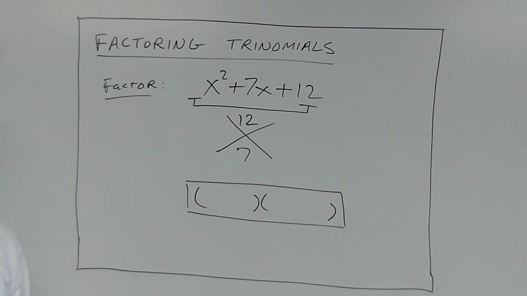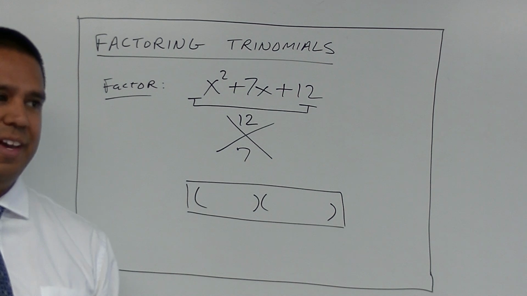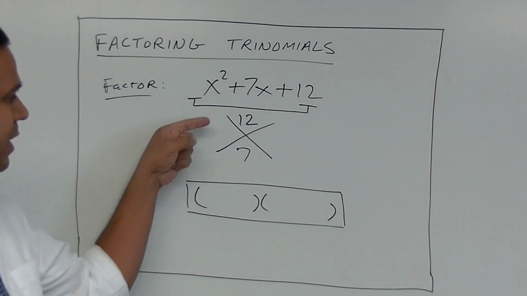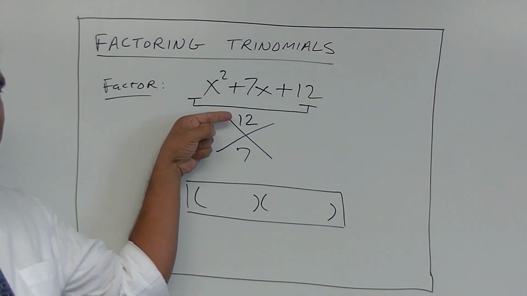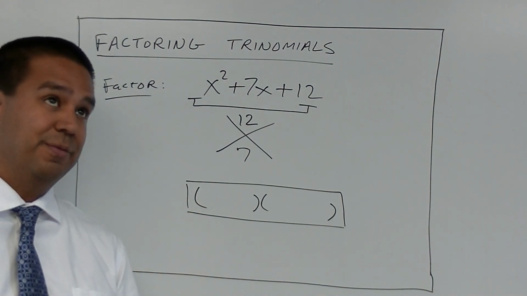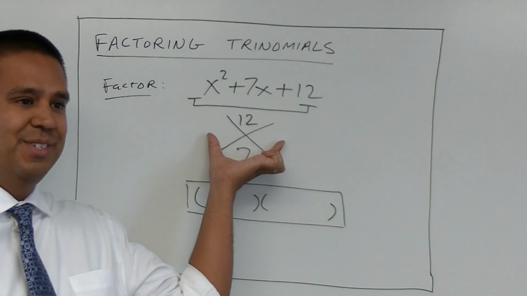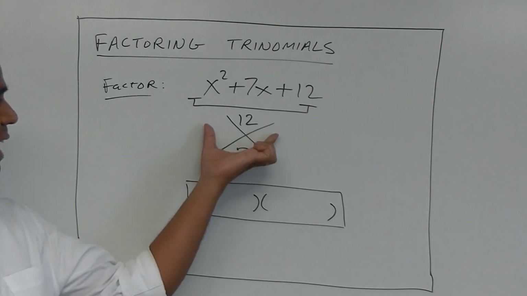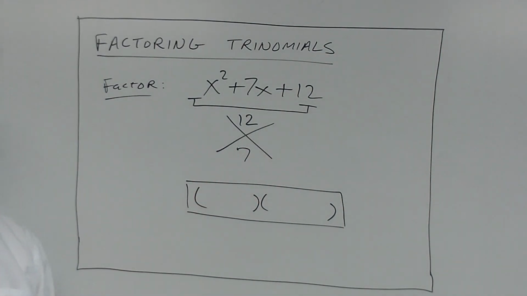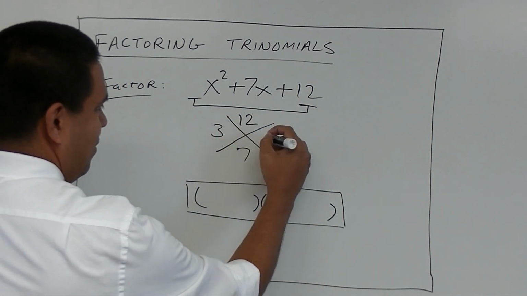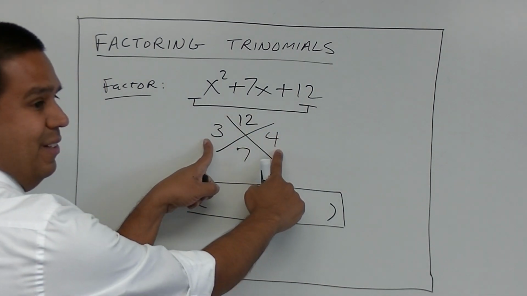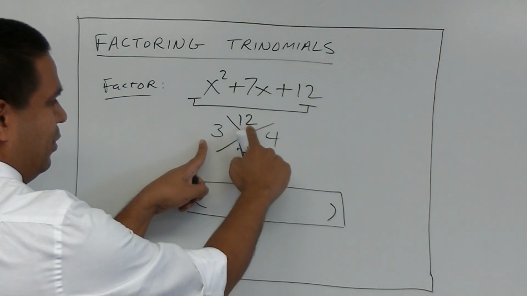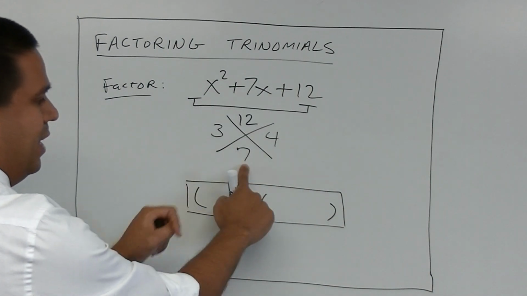Now here's where your skills with times tables come in handy, because we're going to look at that 12, and we're going to ask ourselves, what numbers, when I multiply them, is 12, but then when we add them, it's 7. So what are they? 3 and 4. Very good. So we drop a 3 and a 4 on the sides here. So 3 times 4 is 12. 3 plus 4 is 7.